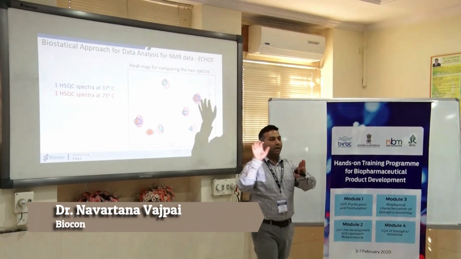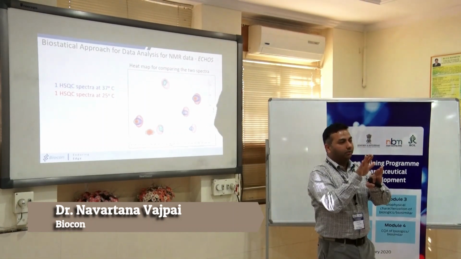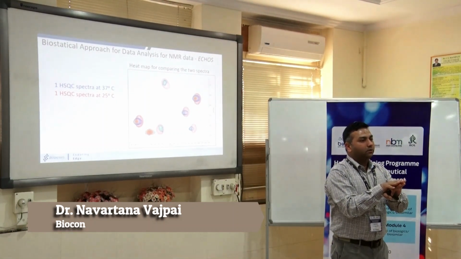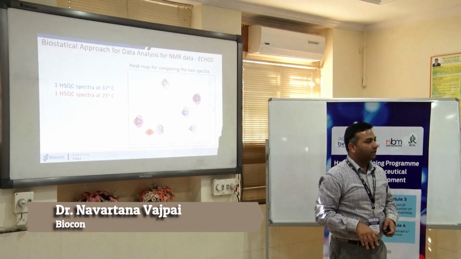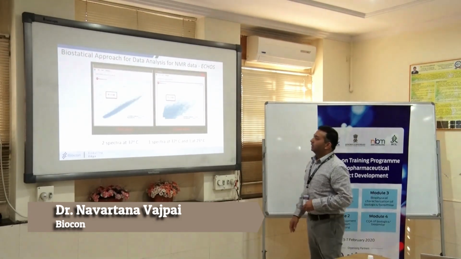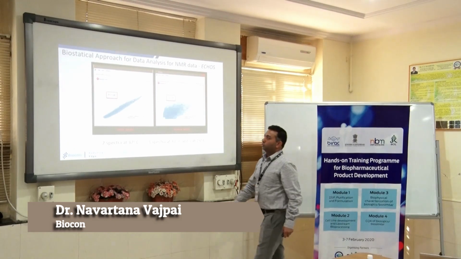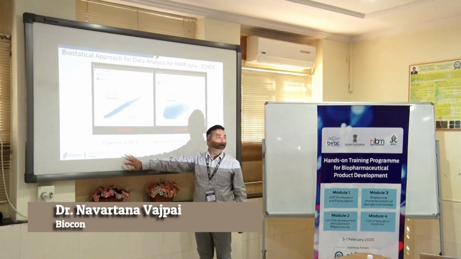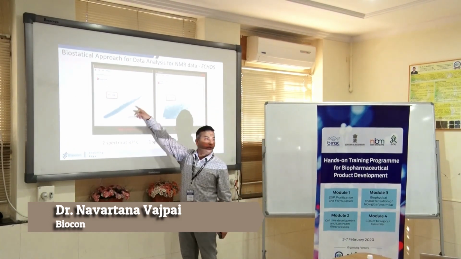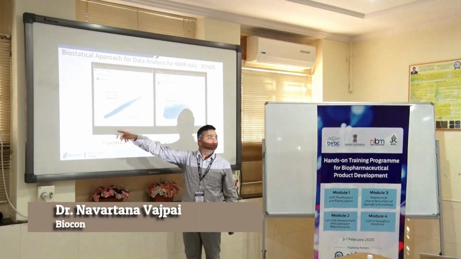It matches intensity by intensity and tries to correlate whether I have a similar intensity plot or not. If the two spectra are both run at 37 degrees, you see a very nice correlation between the intensities of the two.